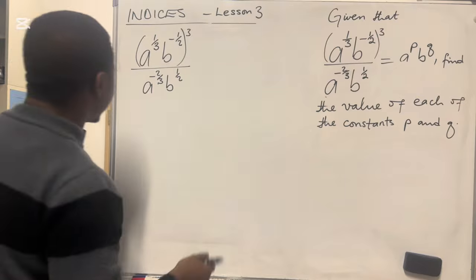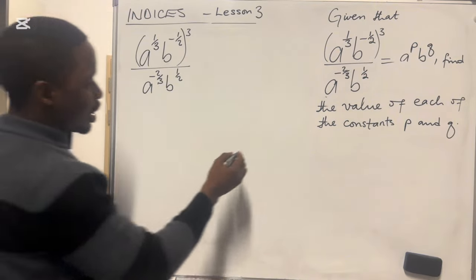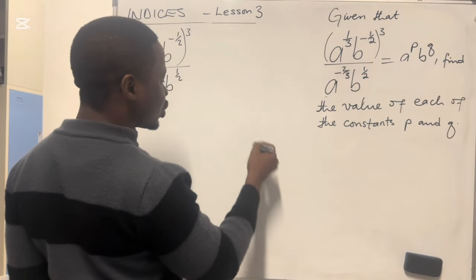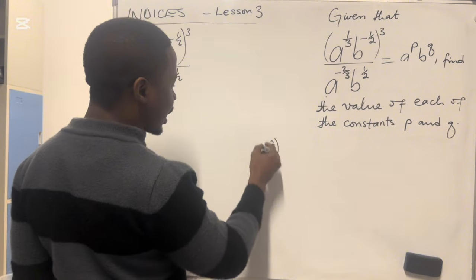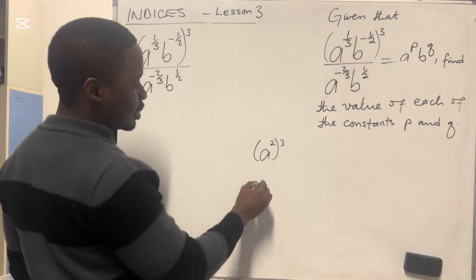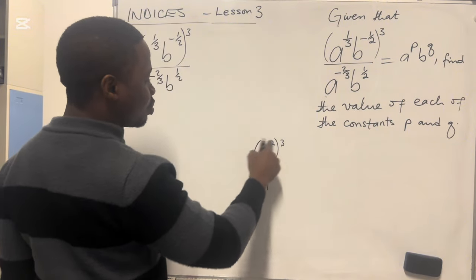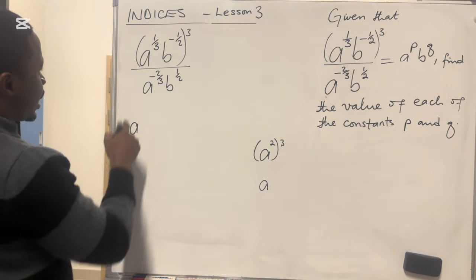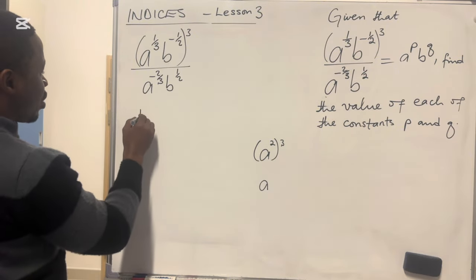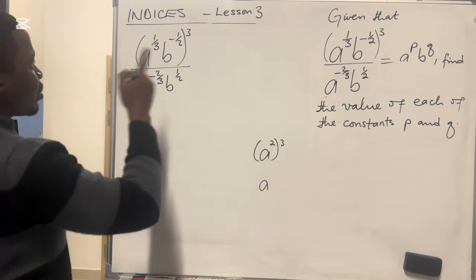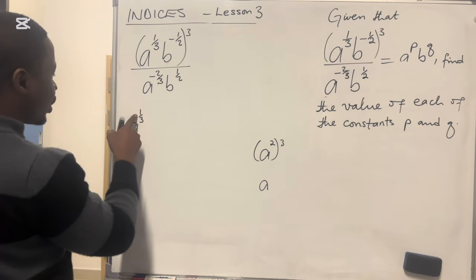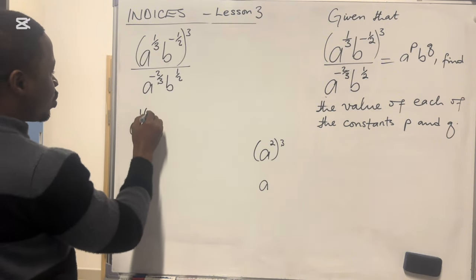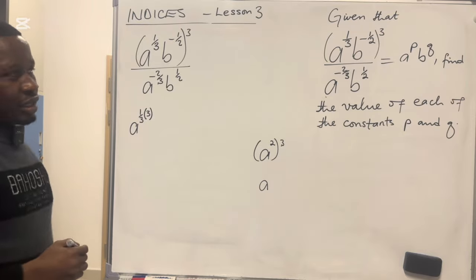So what we do is, the power law that says when the base has two powers, one inside, another outside, we take the base and the two powers multiply themselves. So we say this a has inner power of 1/3, and there is another power outside which is 3. So the one inside multiplied by the one outside.